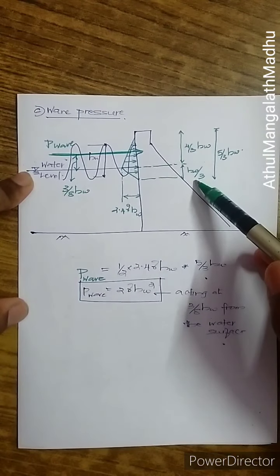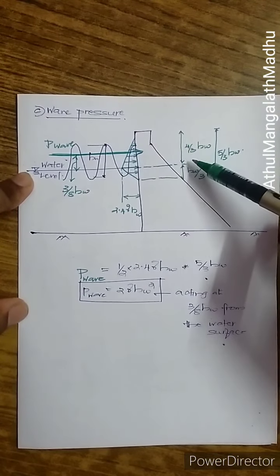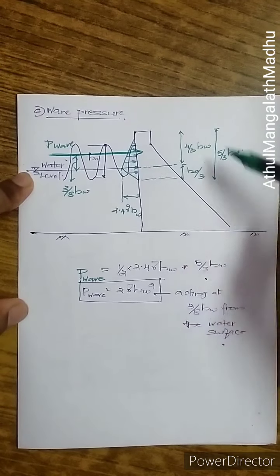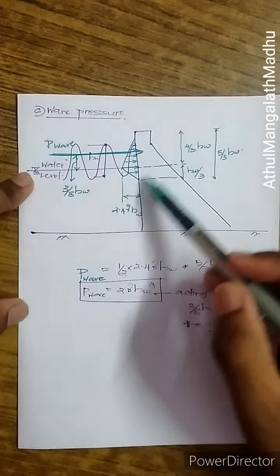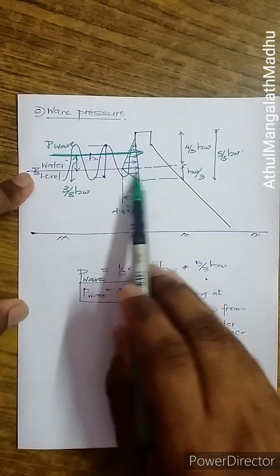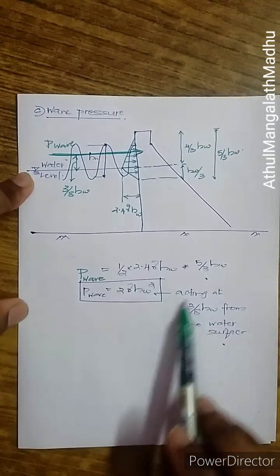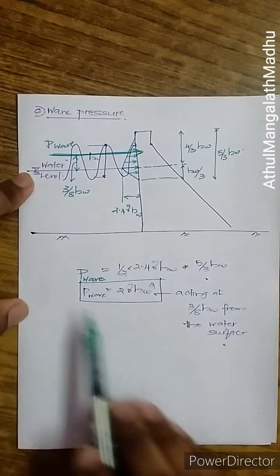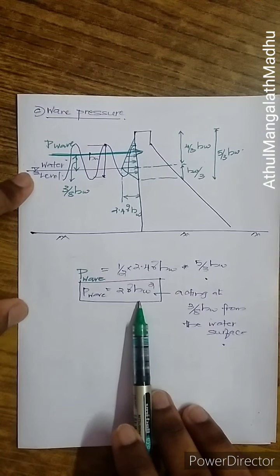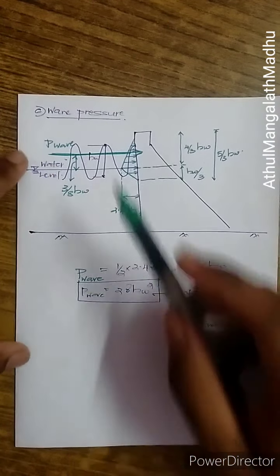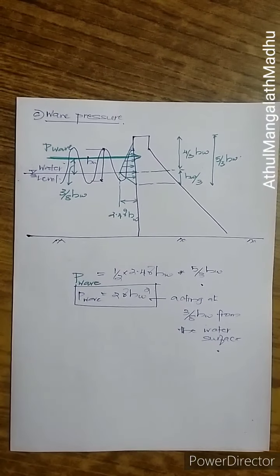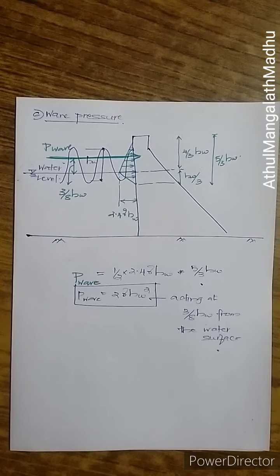Below the water surface you have 1 by 3 HW, above the water you have 4 by 3 HW, so the total base will be 5 by 3 HW. The maximum wave pressure is 2.4 gamma into HW, and the total wave pressure is 2 gamma into HW square, and that will be acting at a height of 3 by 8 HW. This much you have to keep in mind.